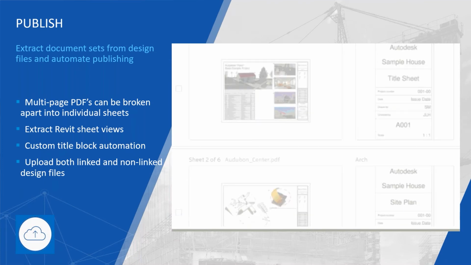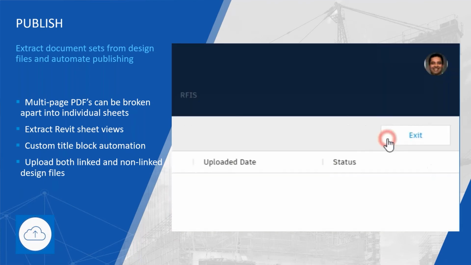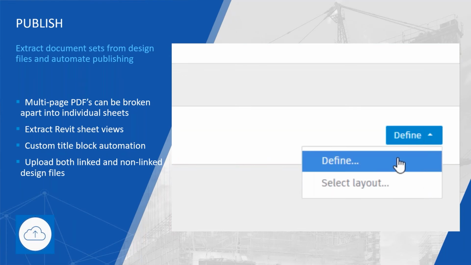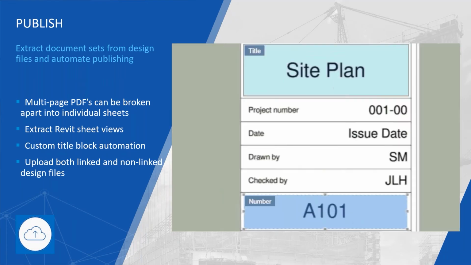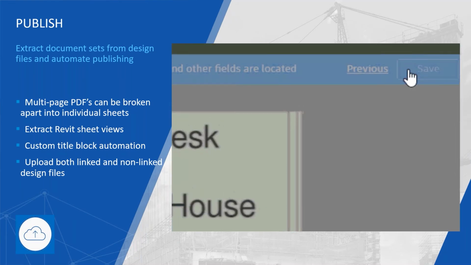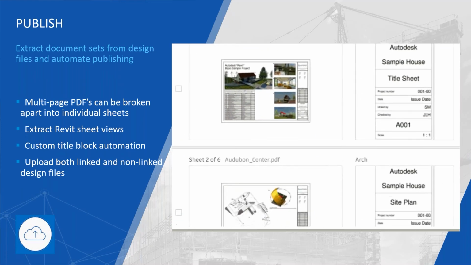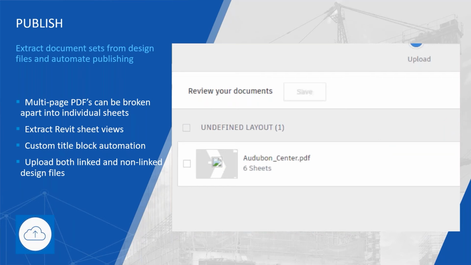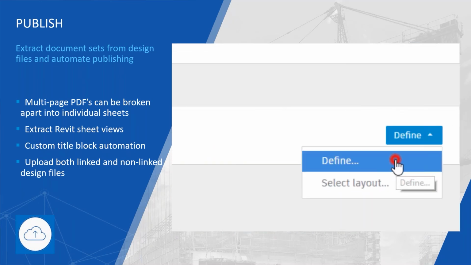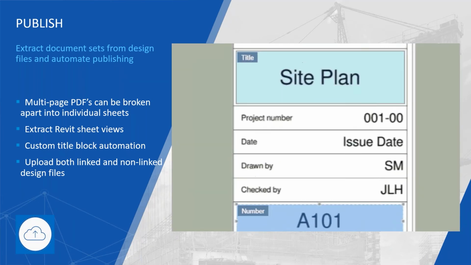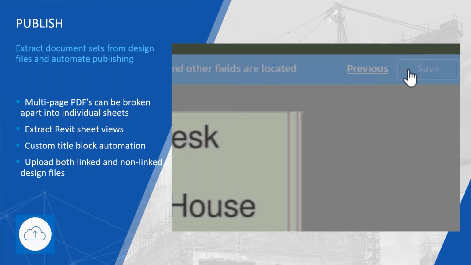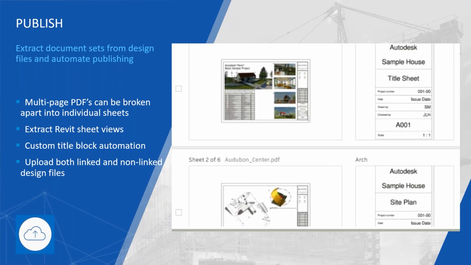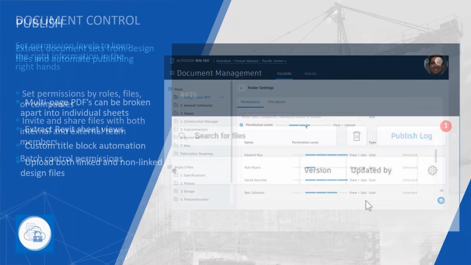We can extract document sets from design files and use optical character recognition of title block data for automated naming and filtering possibilities. Separate multi-page PDF files and extract all of the views and sheets automatically from a Revit project file. No need to print or create endless PDF markup sets.